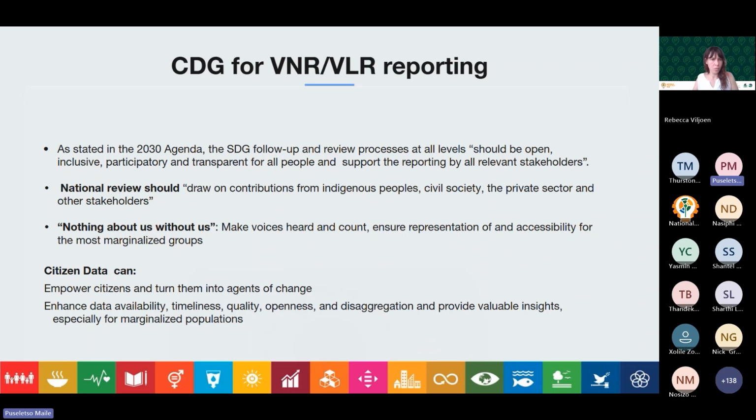So citizen data makes sure that voices are heard and counted, ensures that there is representation and accessibility for the most marginalized groups. Citizen data can empower citizens and turn them into agents of change. It can enhance data availability, timeliness, quality, openness, and disaggregation, as well as provide valuable insights, especially for marginalized communities.